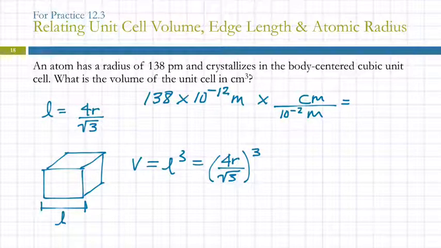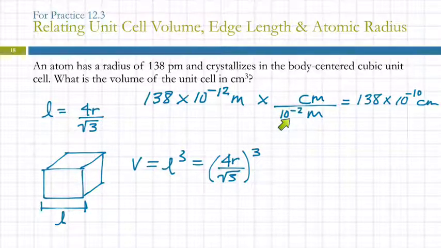Okay, so that gives me 138 times 10 to the minus 10 centimeters. I did that in my head. You can do it on the calculator too. But if I'm dividing by 10 to the minus 2, that's adding 2 to this, and I get 10 to the minus 10.